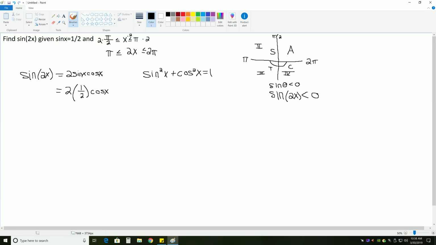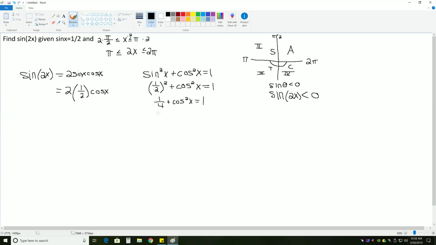So if we replace sine x with its value of 1/2, we'll get 1/2 squared plus cosine squared x is equal to 1. And at this point, we can just start solving for cosine x. So we'll first evaluate this 1/2 squared, which gives us 1/4 plus cosine squared x equals 1.